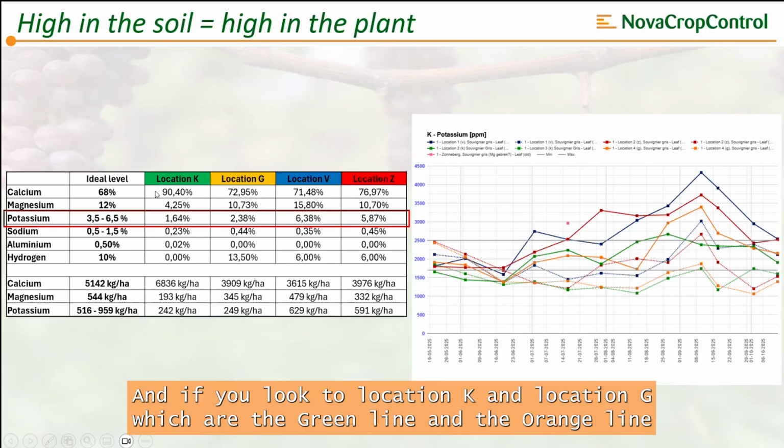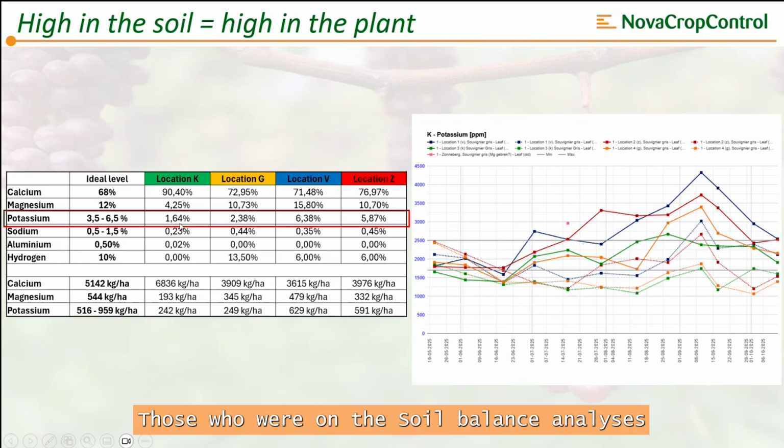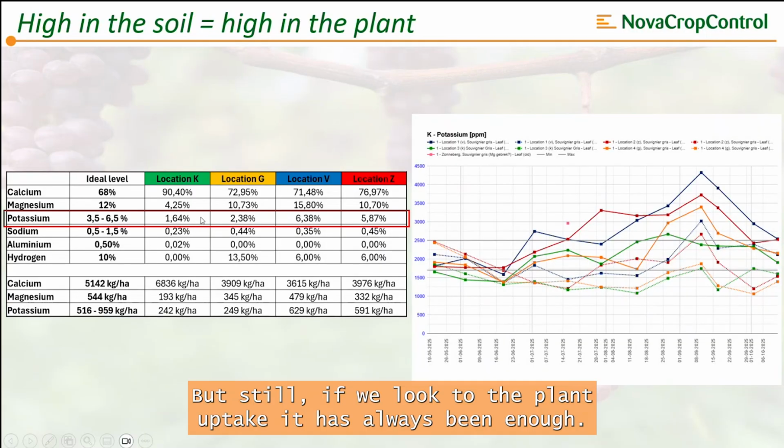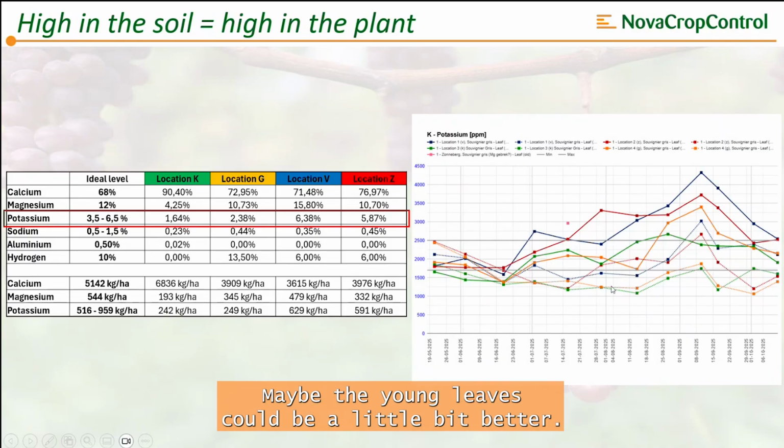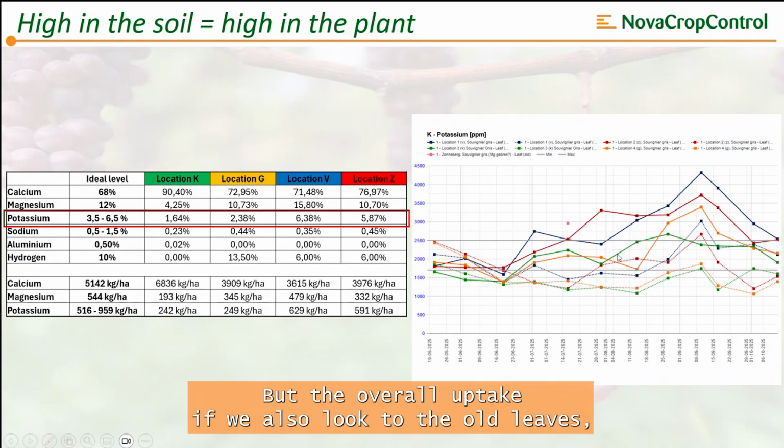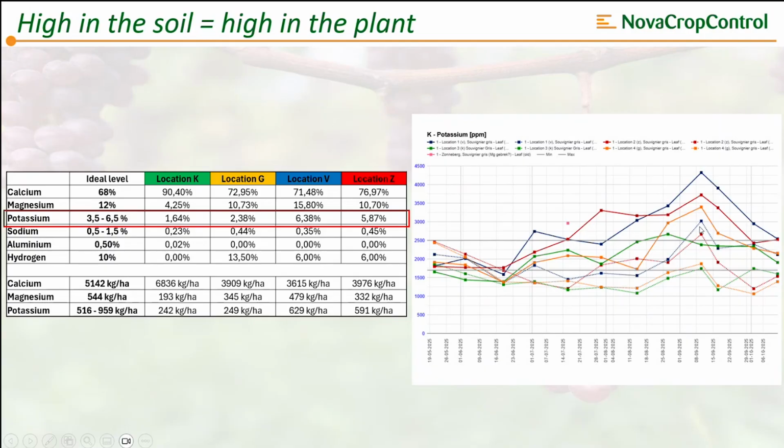And if you look then at location K and location G, which are the green line and the orange line, those were, on the soil balance analysis, lower in potassium than the ideal level. But still, if we look at the plant uptake, it has always been enough. Maybe the young leaves could be a little bit better, but the overall uptake, if we also look at the old leaves, was high enough.